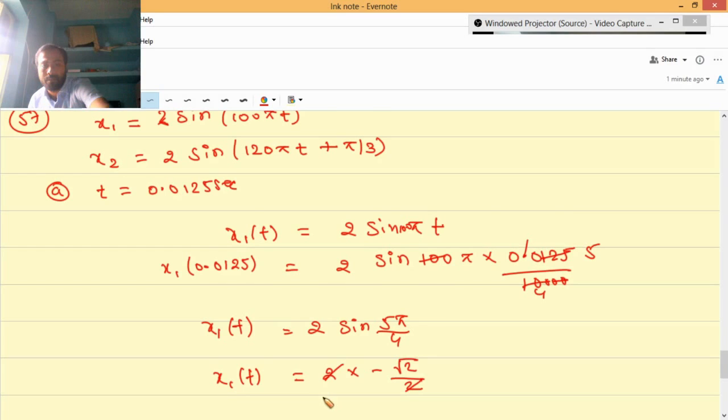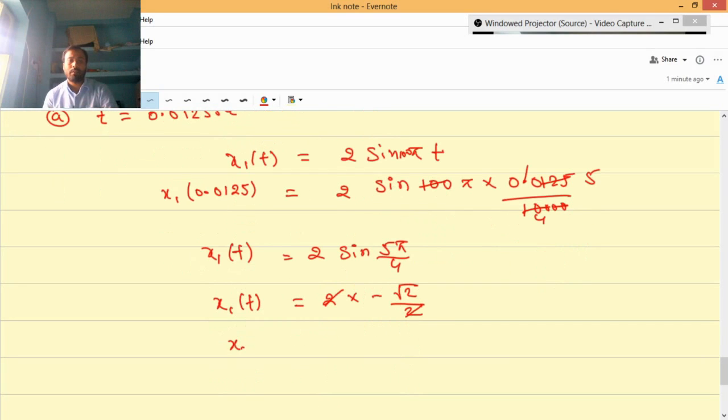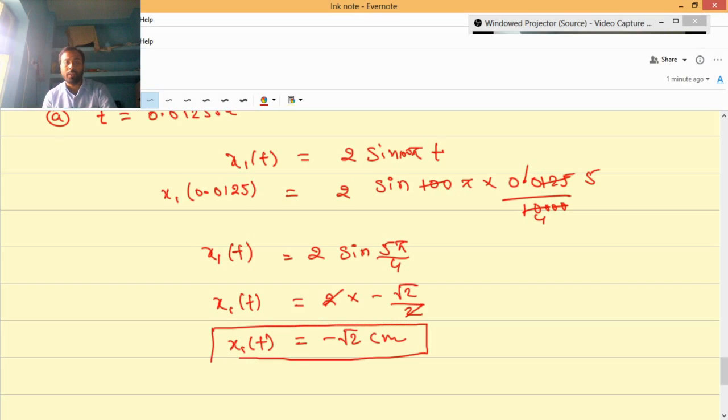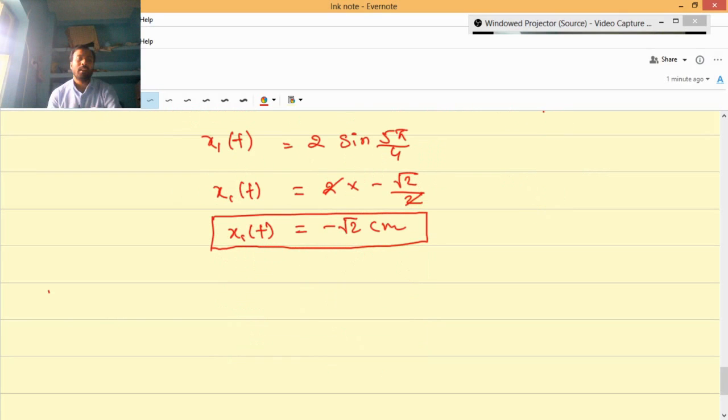So x1 is negative root 2, in terms of centimeter, because in the question it is mentioned that x is in centimeter. So the displacement due to the first SHM will be minus root 2 centimeter.